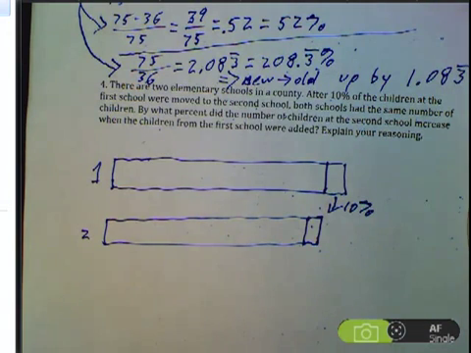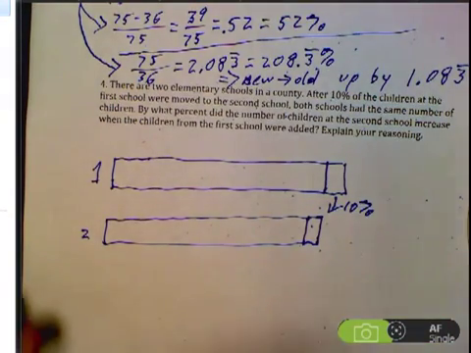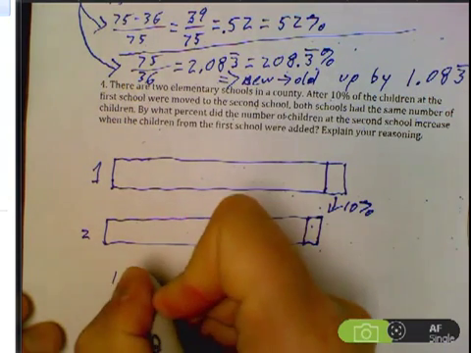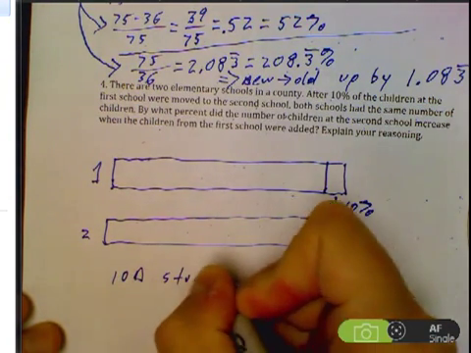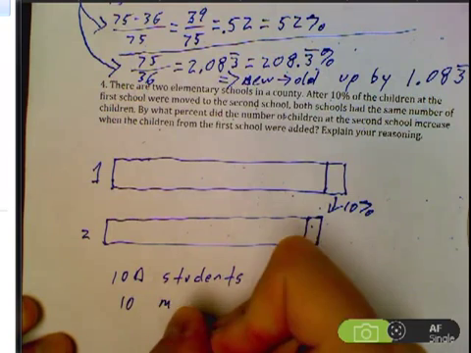Okay. So let's pick a number of students for the first school. Let's say there's 100 students. And I picked that number because 10% of that is easy to calculate. So that means 10 moved.